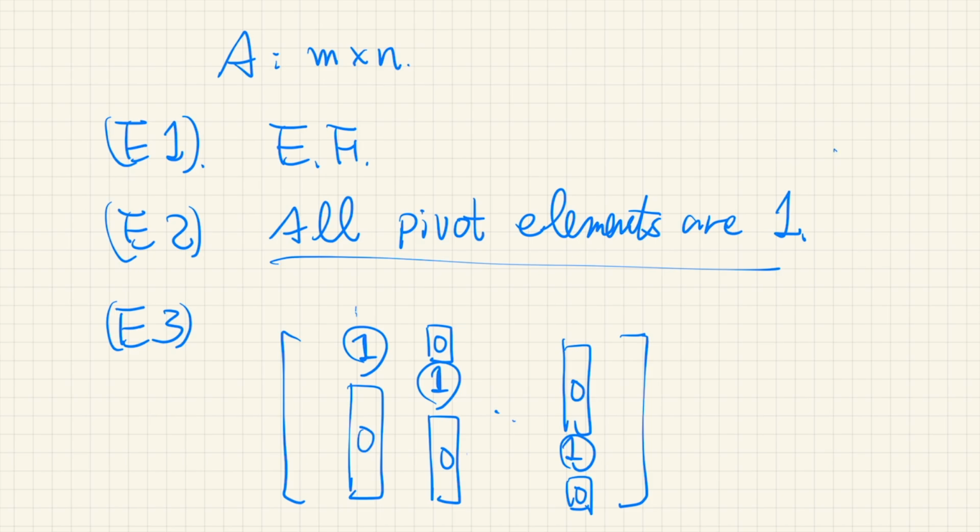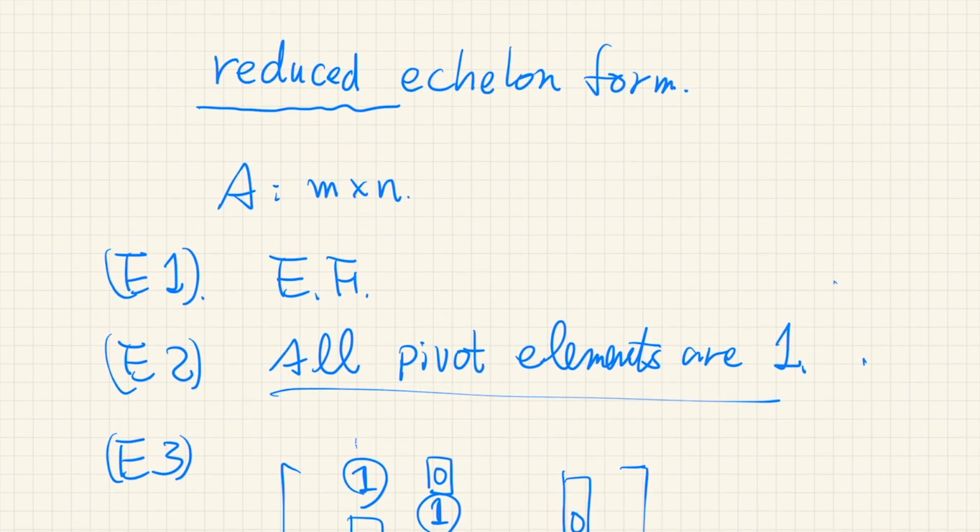If these three conditions are satisfied, the matrix A is said to be in the reduced echelon form. And although I don't show the formal proof, you can understand intuitively that any matrix can be transformed into a reduced echelon form by a series of elementary row operations.